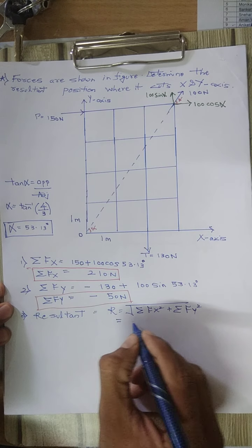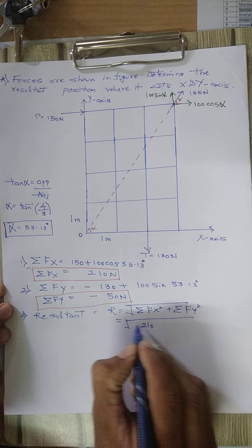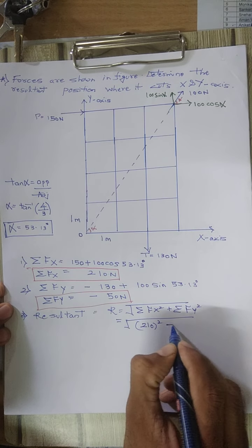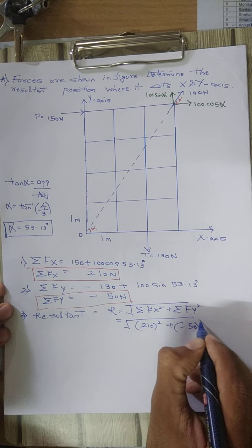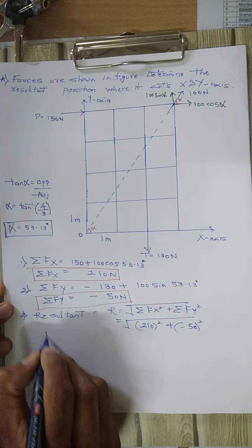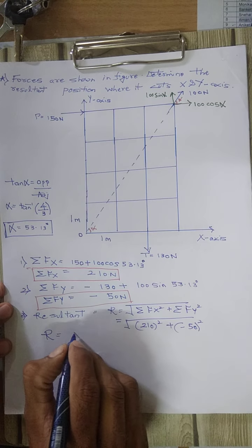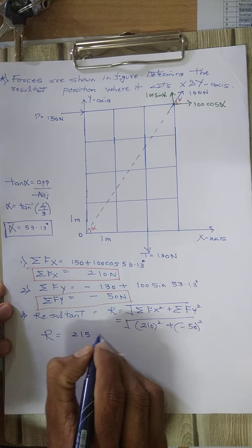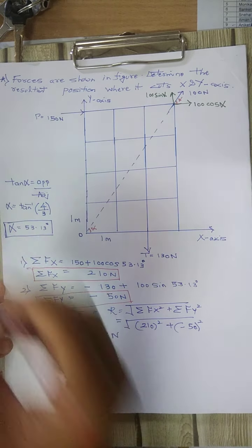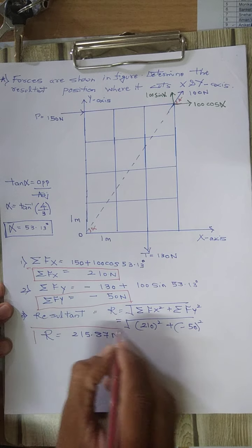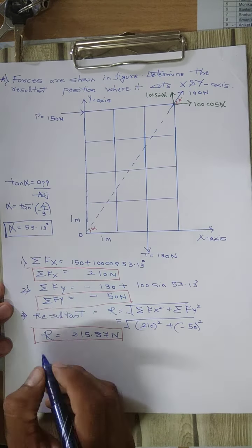For that, the summation of all x components is 210 squared plus minus 50 squared. Negative squared is always positive. R, the resultant value, comes to be 215.87 newtons. So in this way we have calculated the value of the resultant.